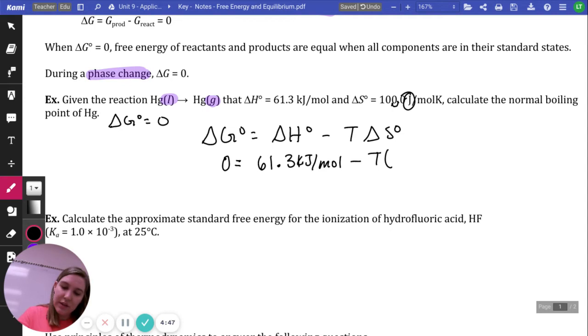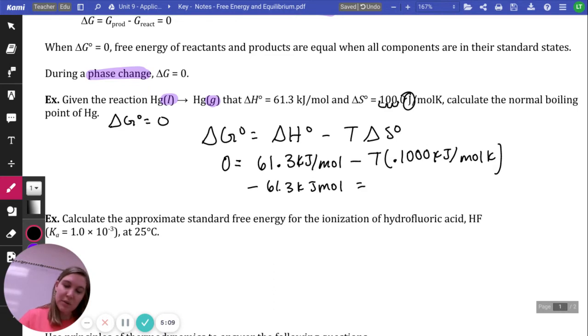So I'm going to divide by 1,000 to get it into kilojoules, and I get that my delta S would be 0.1 kilojoules per mole Kelvin, and then I just need to solve. So basically it would end up with 61.3 kilojoules per mole.